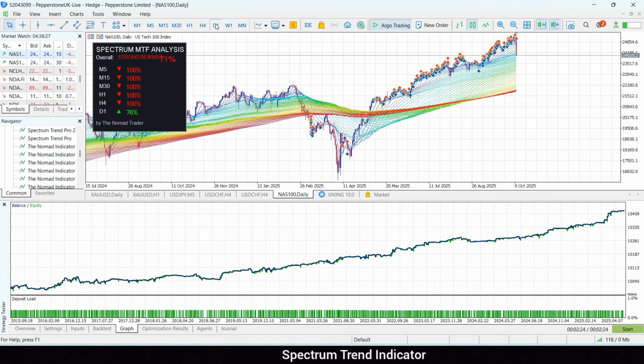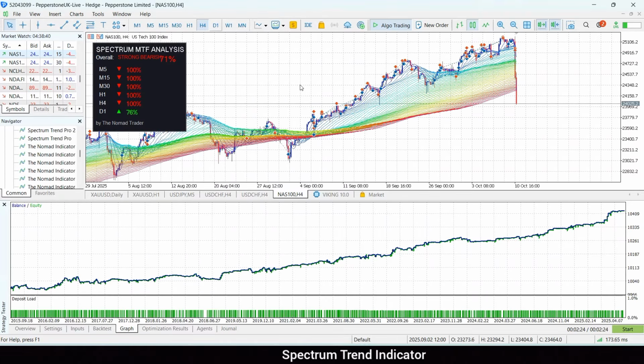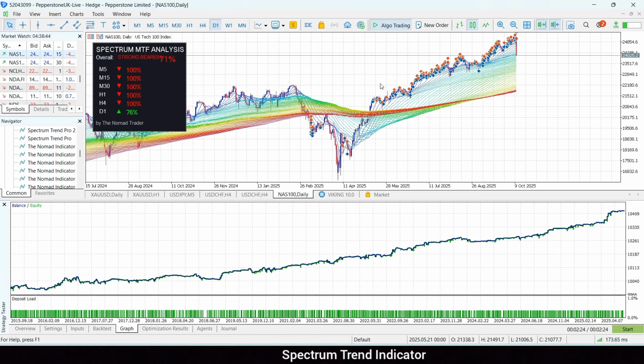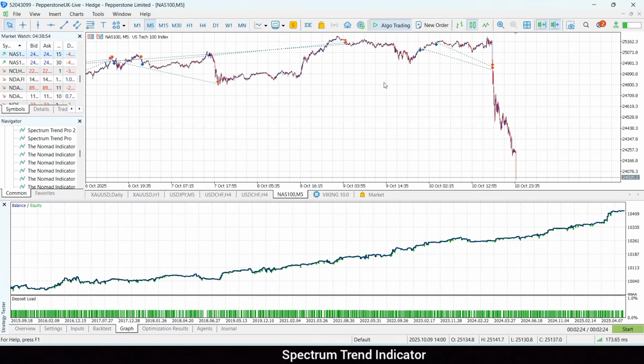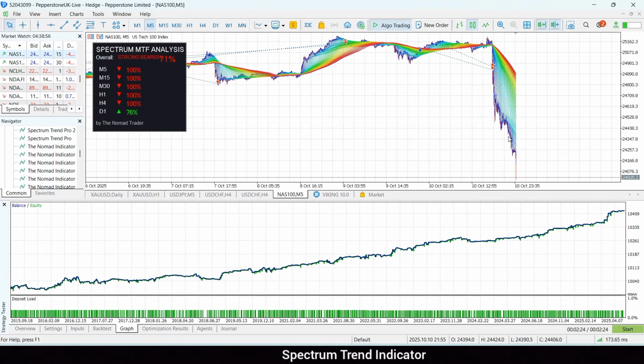We only still have a bullish direction on the daily chart, because even on the 4 hour it is not bullish. On the daily it is still heading upwards, and you can clearly see it, but all the other charts are completely bearish.